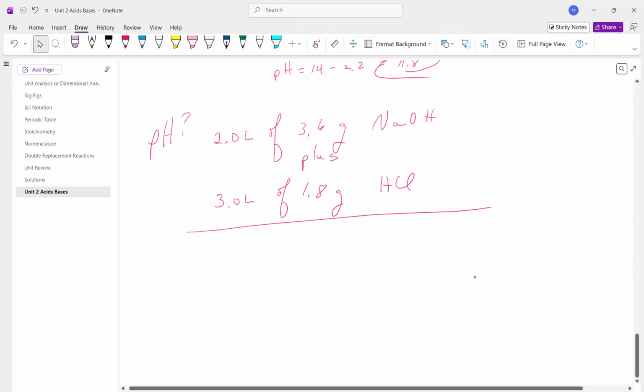So if we're doing 56. All right. As normal, convert to moles. So let's do this. So sodium hydroxide.